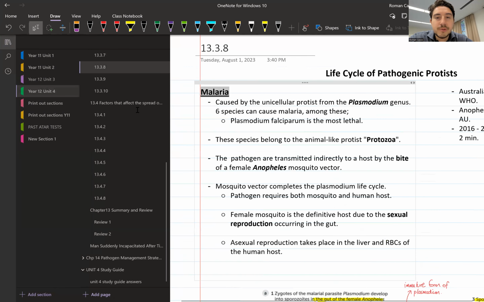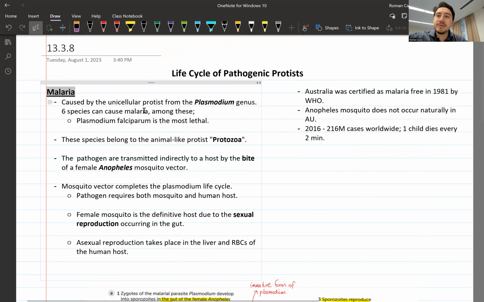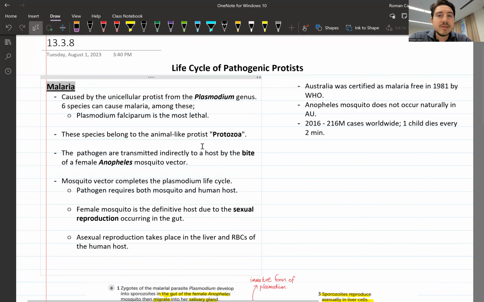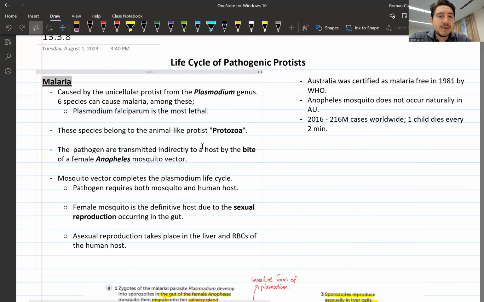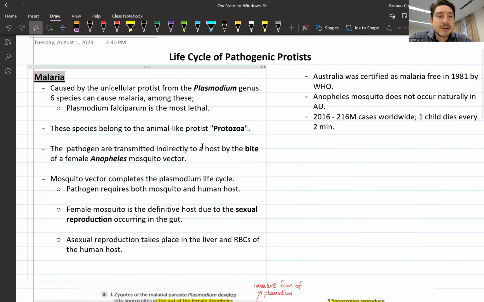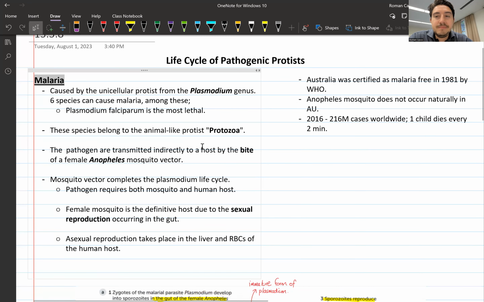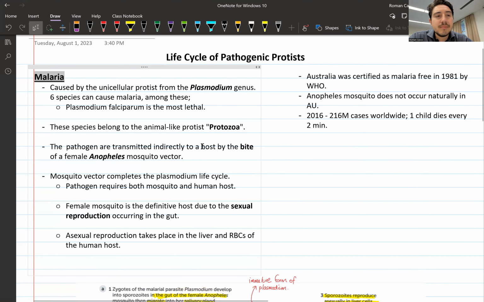All right. So, in terms of protists, remember these are single-celled, or they can be multi-celled organisms, right? You have this protista group, and of particular importance, not just in Australia, but throughout the world, you have malaria in more countries than others, right? And what is it, right?